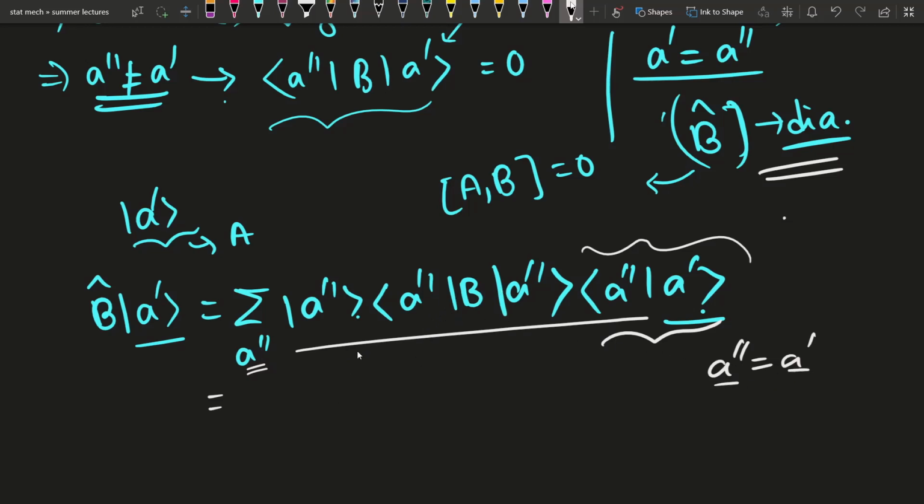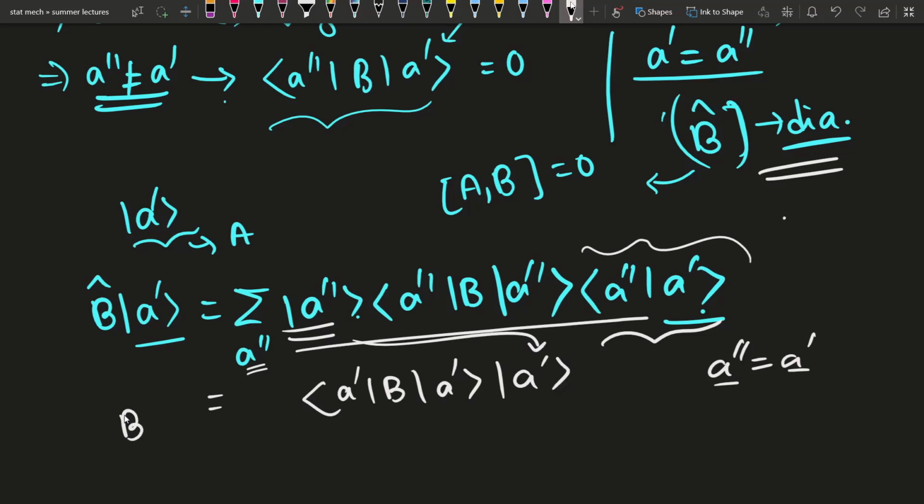When A double prime is equal to A prime, this summation will be removed because there is only one value, and you will get the value A prime. This will come here, and this will be 1.